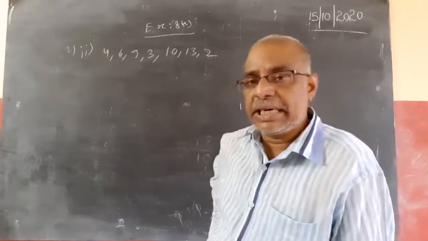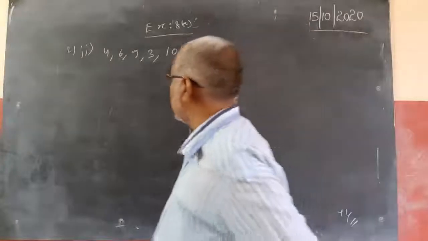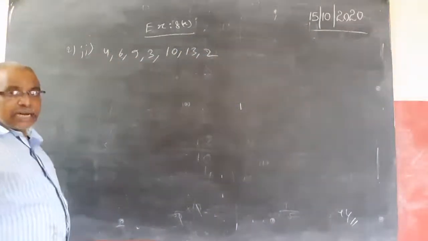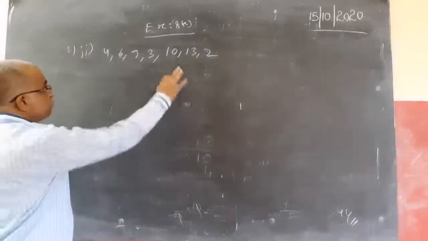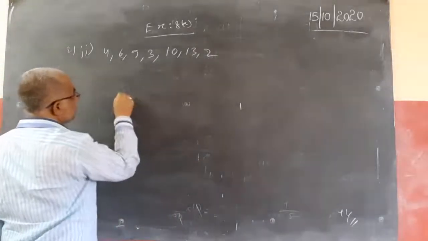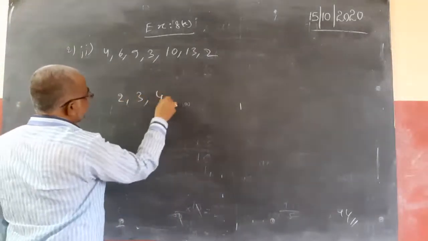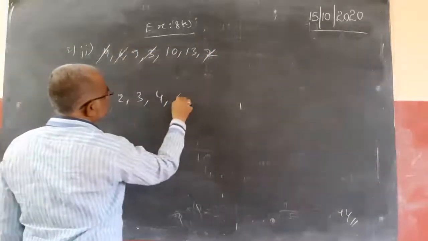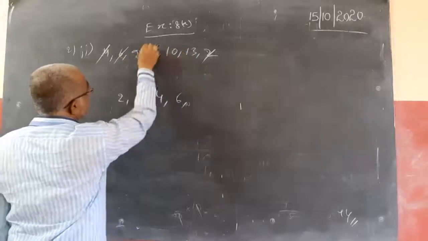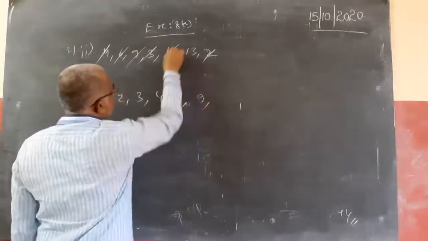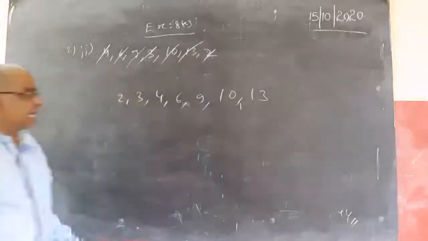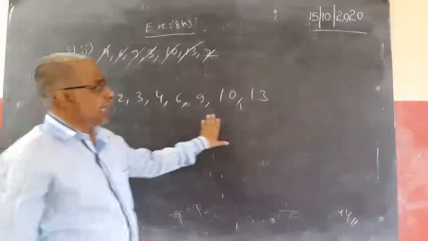Arrange the data in ascending or descending order, your choice. I am writing in ascending order: 2, 3, 4, 6, 9, 10, and 30.